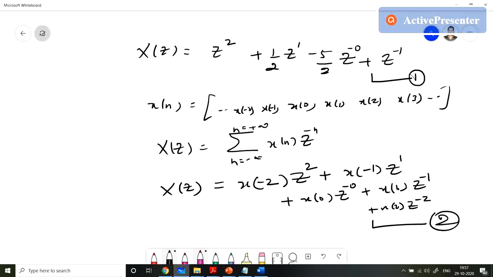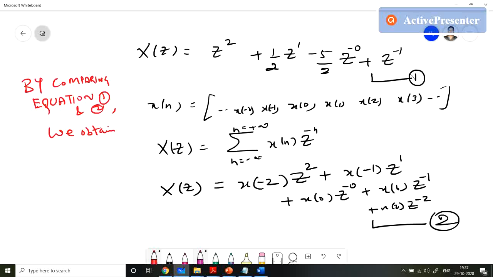Now this is equation 1 and this is equation 2. So we can compare equation 1 and 2. By comparing them, we obtain x[minus 2] is equal to 1, then x[minus 3] is equal to 0, and x[minus 4] up to x[minus infinity] is 0.